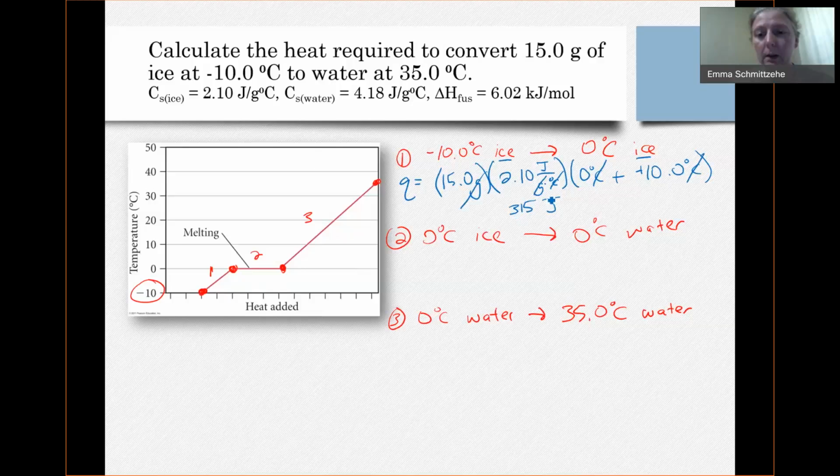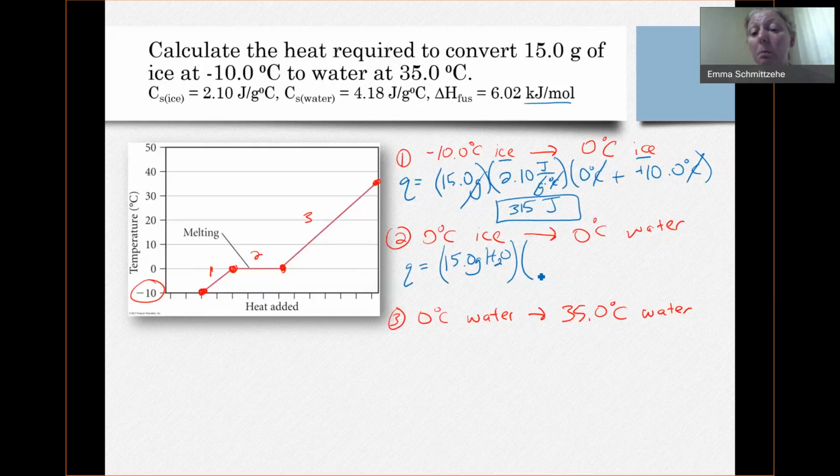Then our next step is a phase change. We're going from ice to water, or solid H2O to liquid H2O. So our Q is going to be equal to our moles times that enthalpy, because the enthalpy is given in kilojoules per mole. And so I have my 15 grams, and remember that's H2O, so it can be helpful to write that.